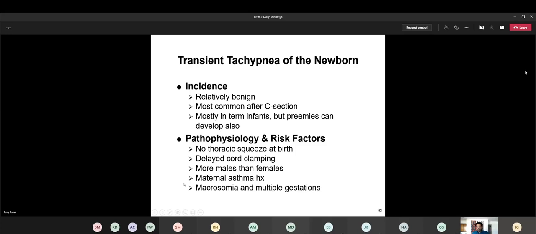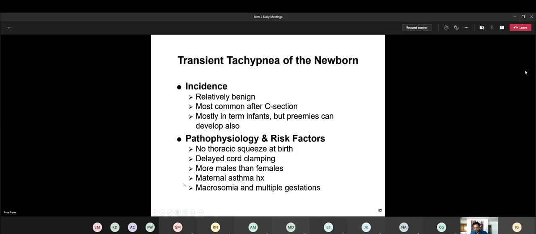And male babies are possibly going to have TTN a little bit more than the female babies, the boys versus the girls. But again, that's not set in stone. It's just that they typically see a little bit more of the boys having this than the girls. They've linked something with the mom, like moms who were asthmatics typically had more TTN type of babies.